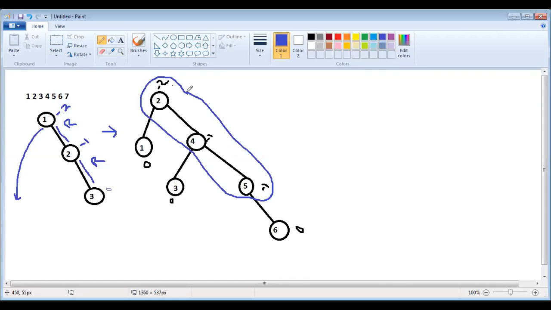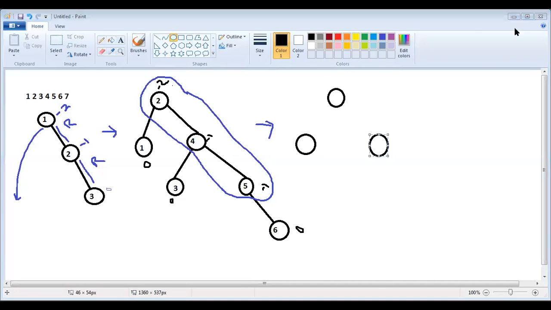Right side. Very good. So I'm just rewriting. You just ignore these elements for now. So you told, 4 will become the root node, 2 will become left, and then 5 will become right.